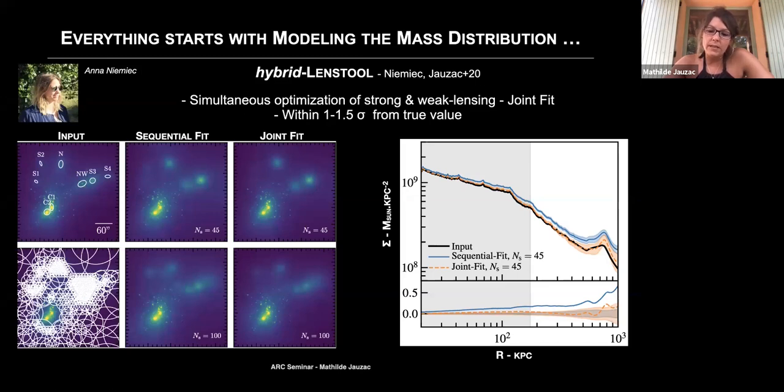What you can see is the sequential fit tended to overestimate the mass distribution, and the joint fit is giving you a much more realistic recovery of the mass distribution. The value I'm quoting on the slide is that with the joint fit, we're getting to within 1.5 sigma of the true value, compared to a few sigmas beforehand.